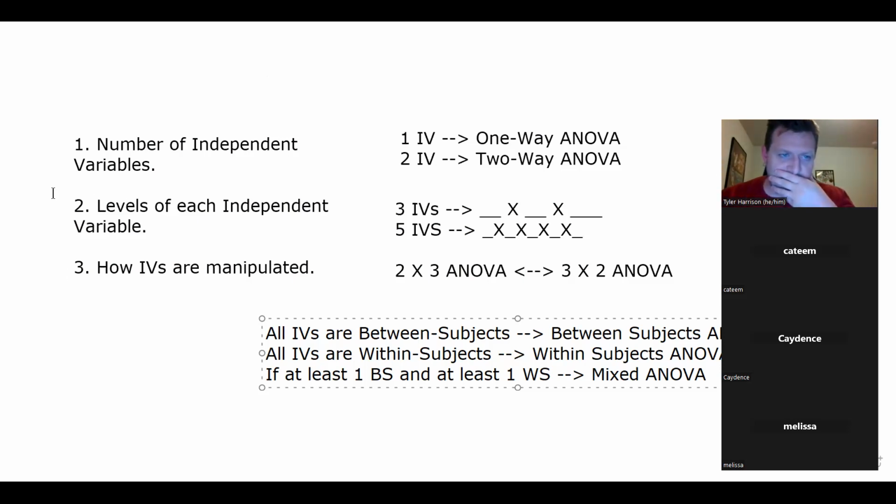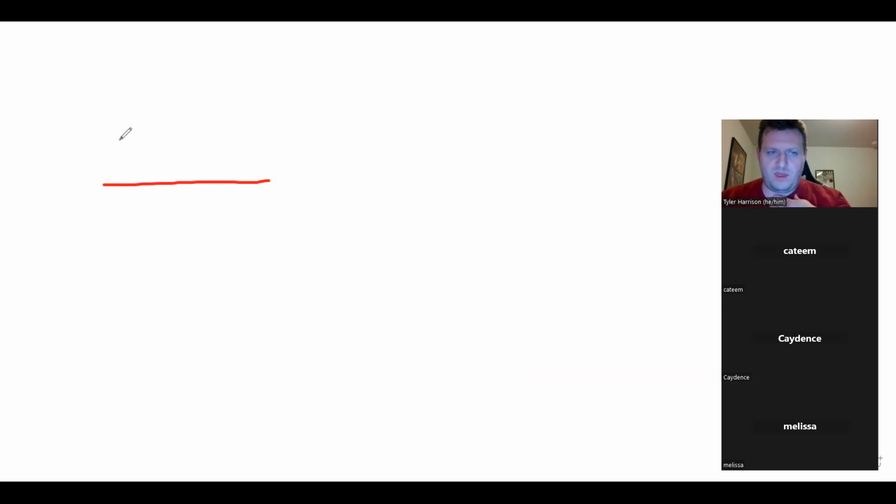And then what we do is, I'm going to erase some things. We put between groups variability on the top of the F ratio. And I'll just say variance there.